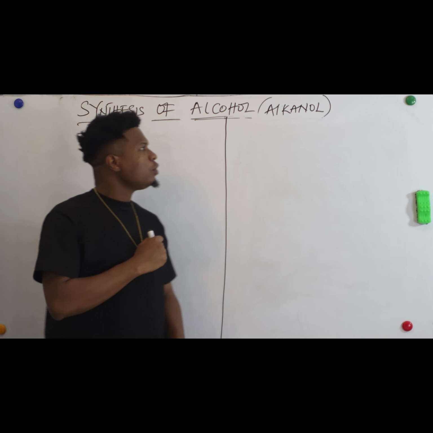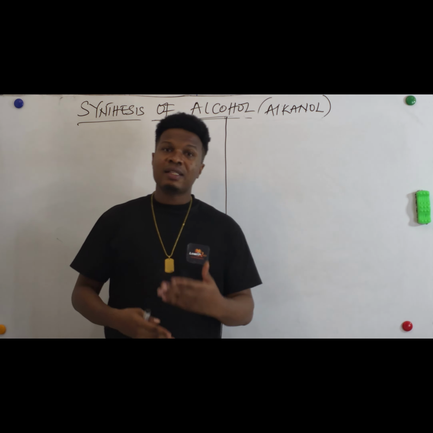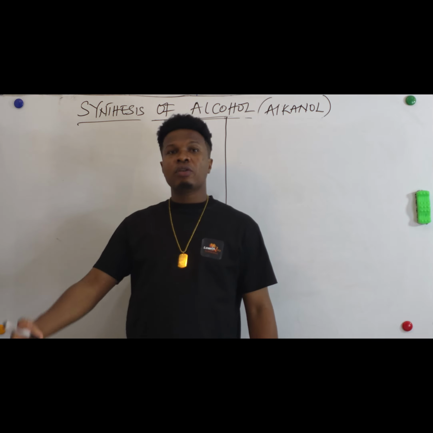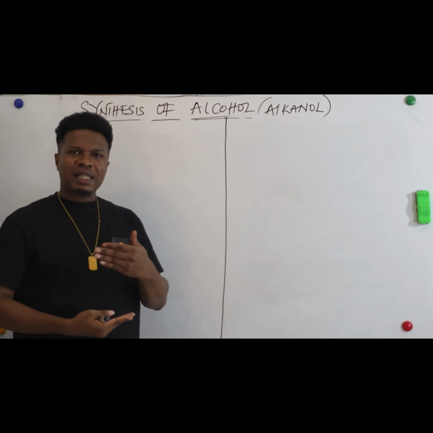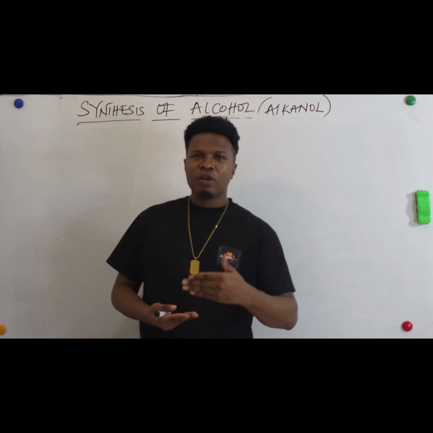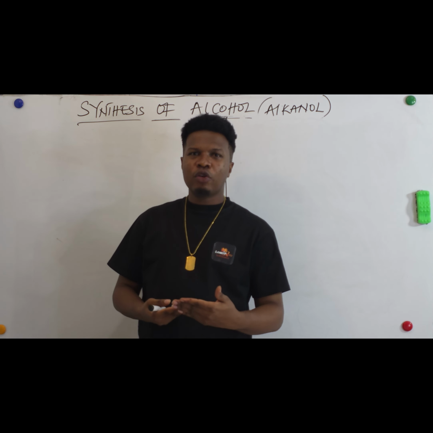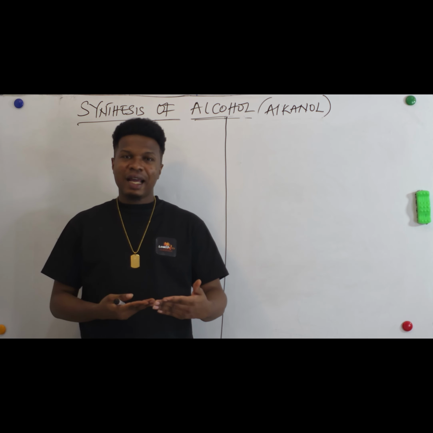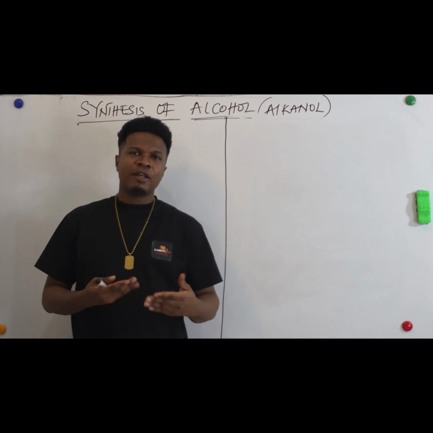So the first synthesis I talked about can only be used to synthesize primary alcohol, secondary alcohol, and methanol. Now, if we want to synthesize primary, secondary, and tertiary alcohol, we are going to carry out a reaction between aldehyde and ketone with Grignard reagent, followed by hydrolysis.